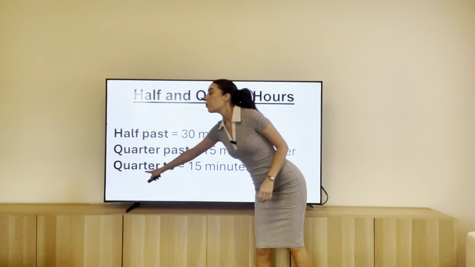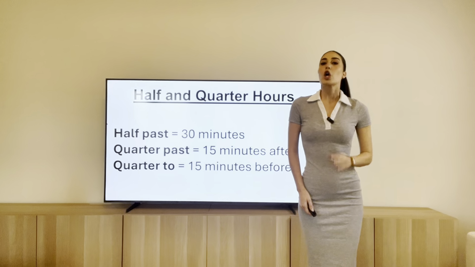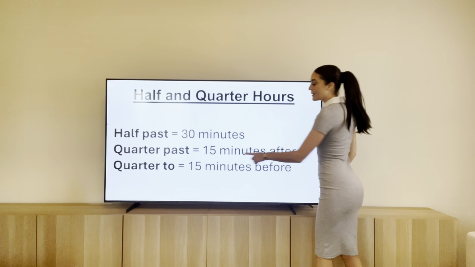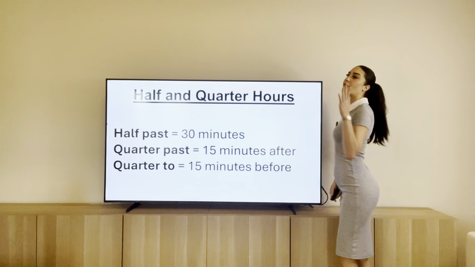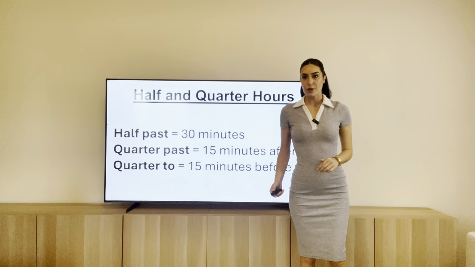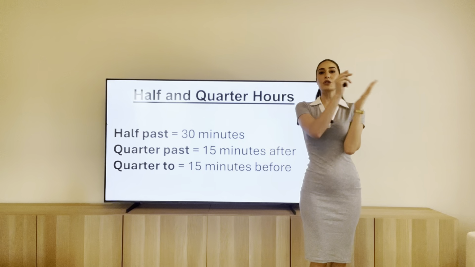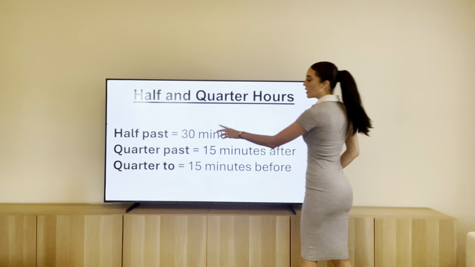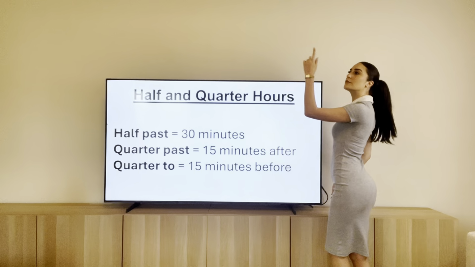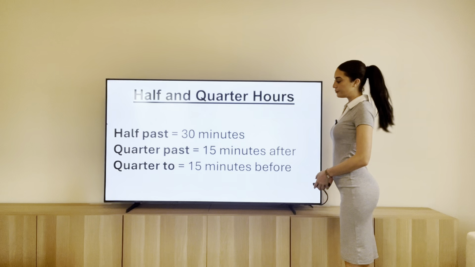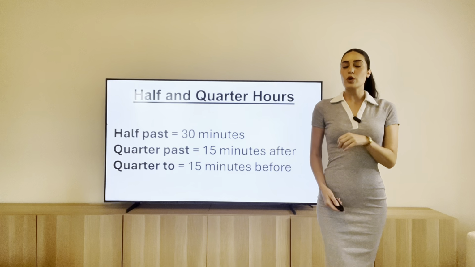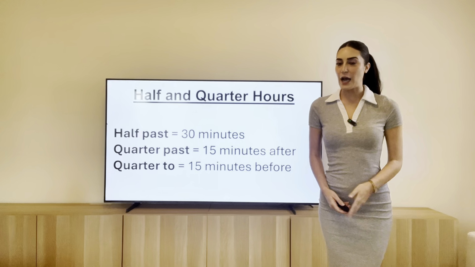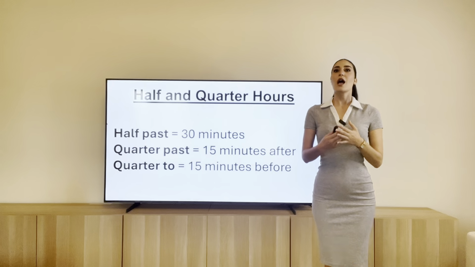You can say quarter to. Quarter to means 15 minutes before the next hour. So when there are 15 minutes to go until the next hour, you can say it's quarter to 3, for example. Don't worry, we will go into lots of examples later. For now, just try and understand the language.